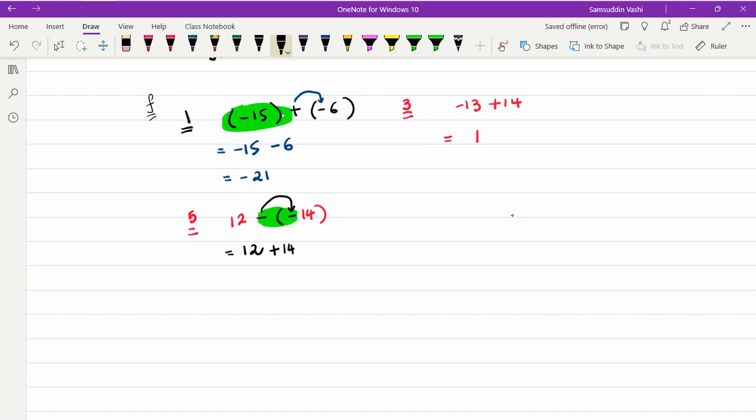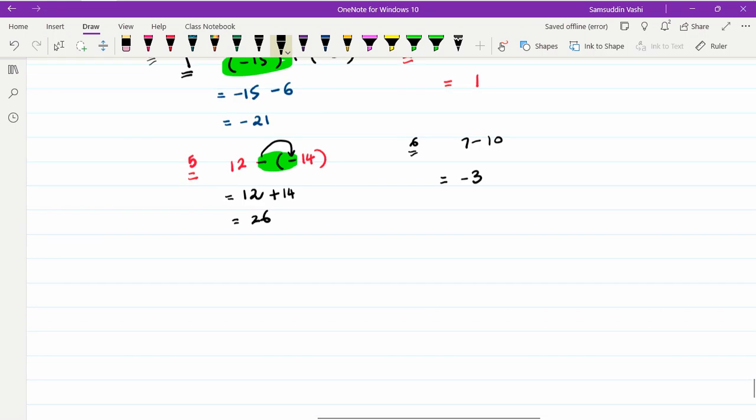How much is it then? 26. All right. Then that's 5. Then 6. 7 minus 10, straightforward. 3. Is it 3? It's negative 3. All right. So it is a negative 3.